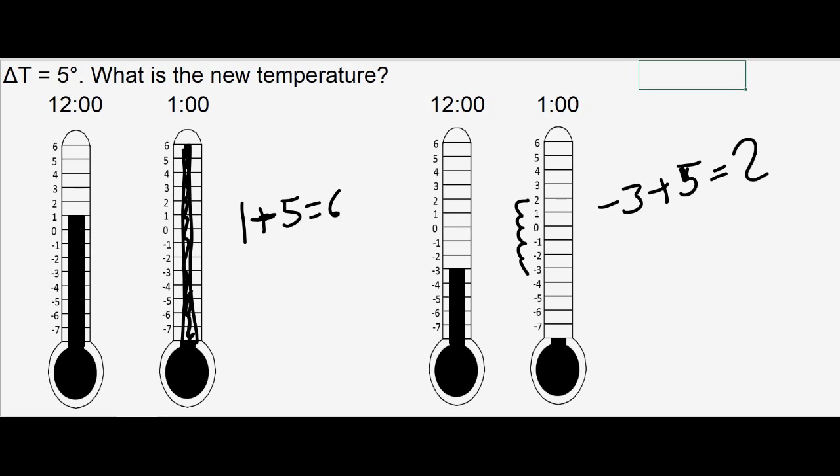It really depends on which one's bigger. But we could also think of this as 5 plus negative 3 is 2, which is where we get the idea that adding a negative is the same as subtracting a positive.